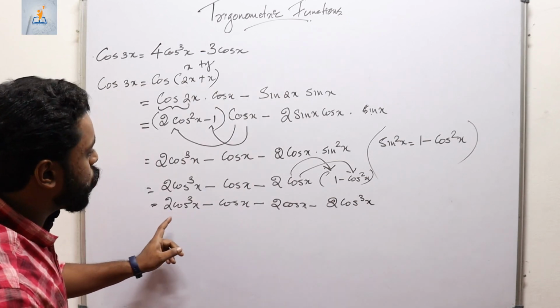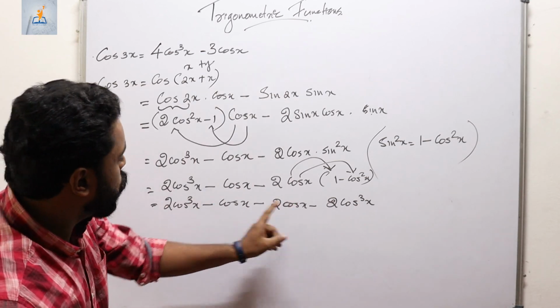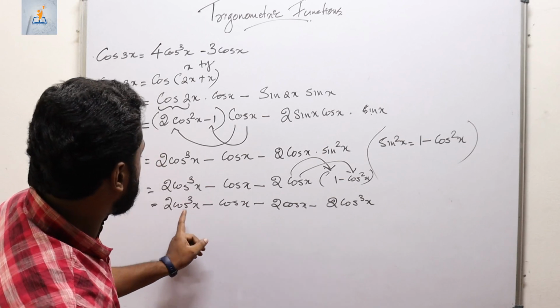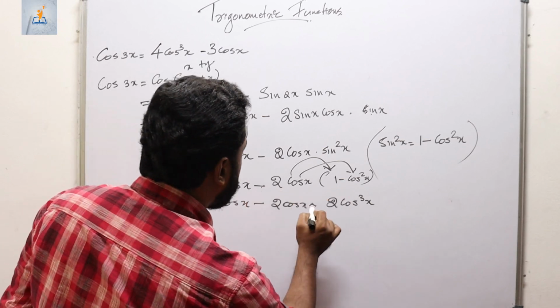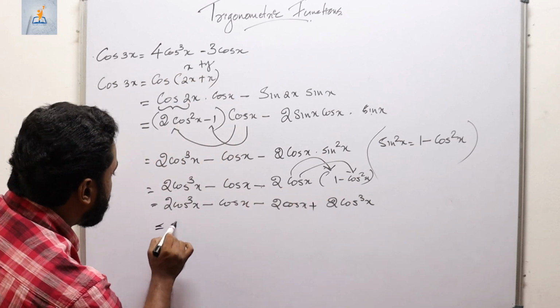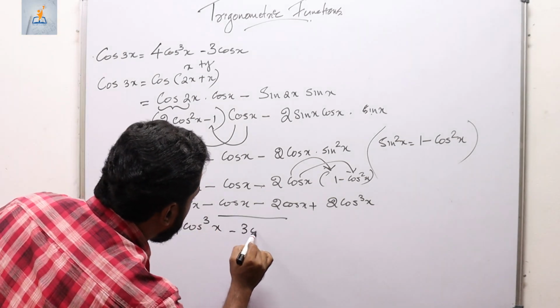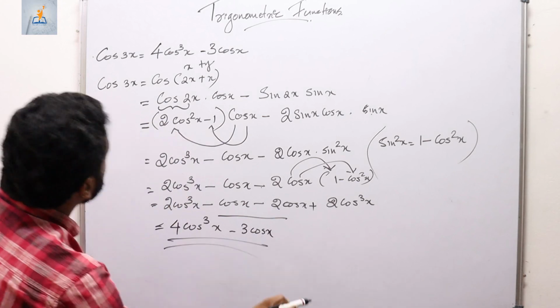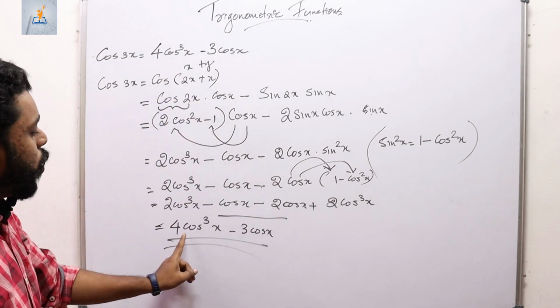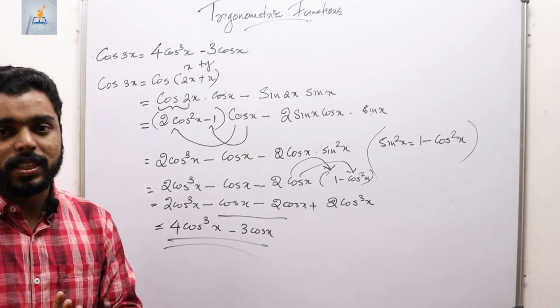Again, as you can see, there is 2 cos cube x and 2 cos cube x. So we have this minus into minus, this will be plus, isn't it? So it will become 4 cos cube x minus 3 cos x. So we have cos 3x is nothing but 4 cos cube x minus 3 cos x.